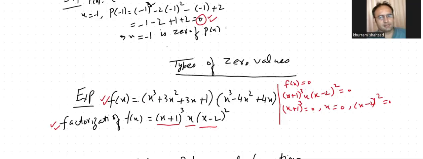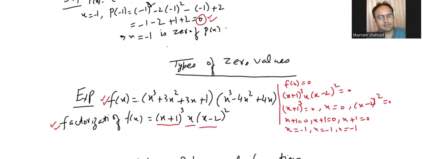From here we get x plus 1 equals 0, x plus 1 equals 0, and x plus 1 equals 0. We have to write this x plus 1 three times. So this is x is equal to negative 1, x is equal to negative 1, and x is equal to negative 1.